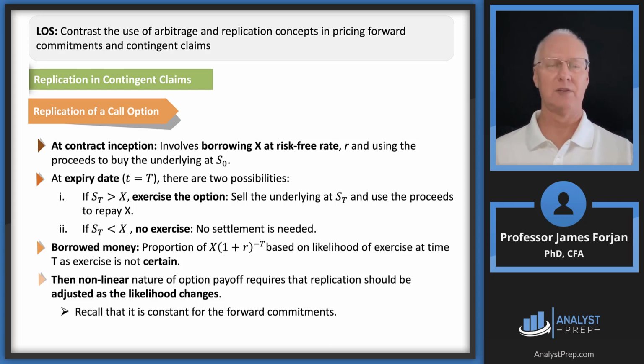We're not going to exercise and there's no settlement needed. So we lose the option premium. So there's this non-linear option payoff nature that requires that the replication be adjusted as the likelihood of exercise at the expiration date changes.